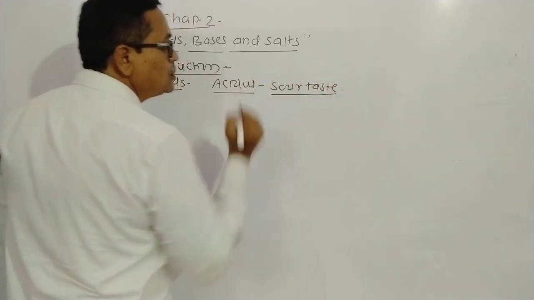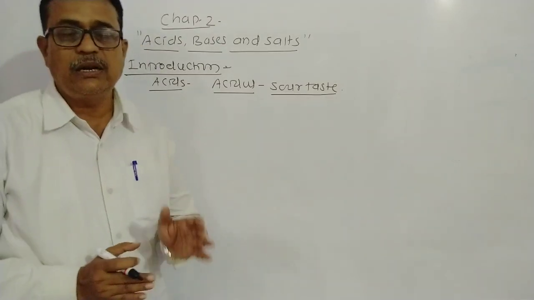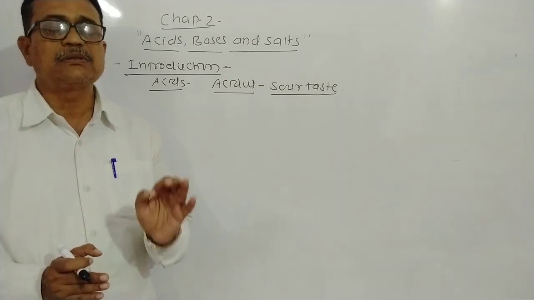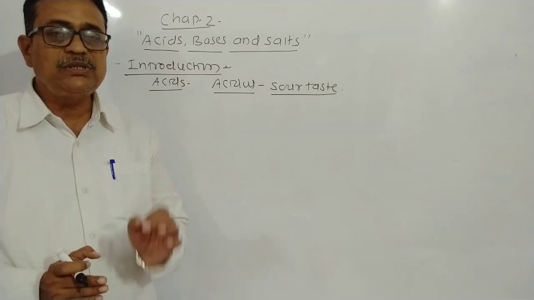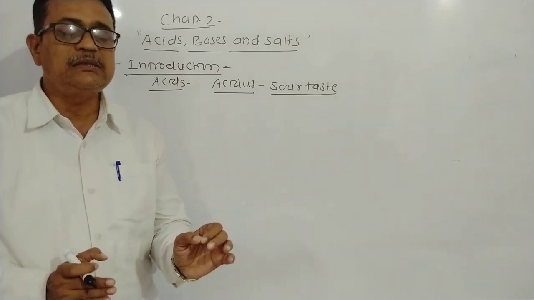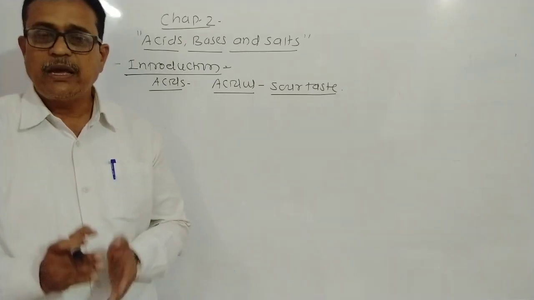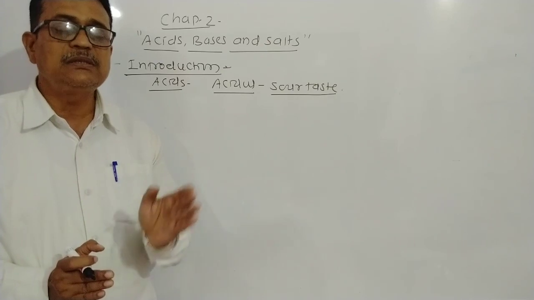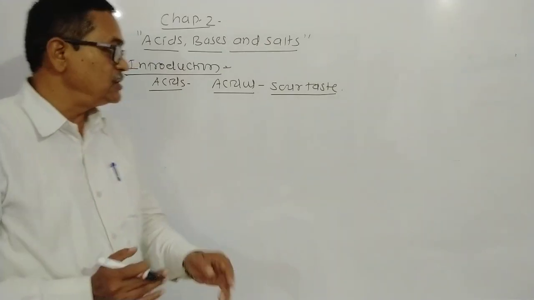According to taste we can differentiate substances, or we can indicate that a substance is acidic in nature. A substance which has a sour taste is an acidic substance. Any substance having a sour taste is acidic, or has an acidic nature.